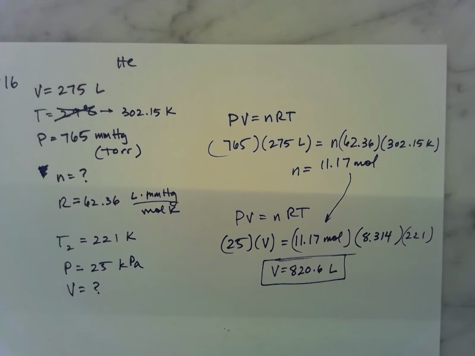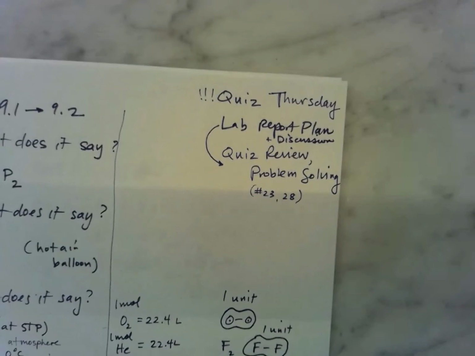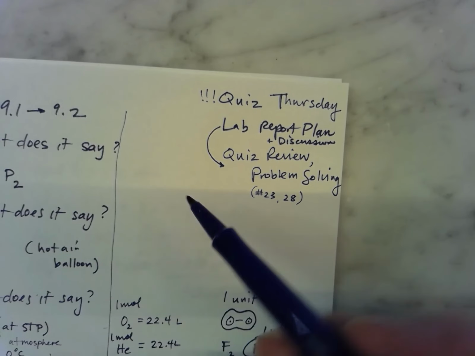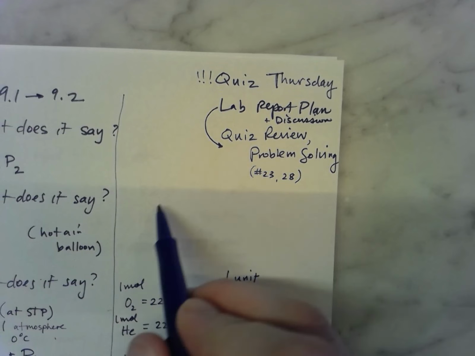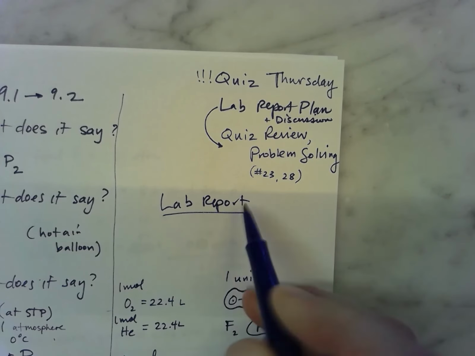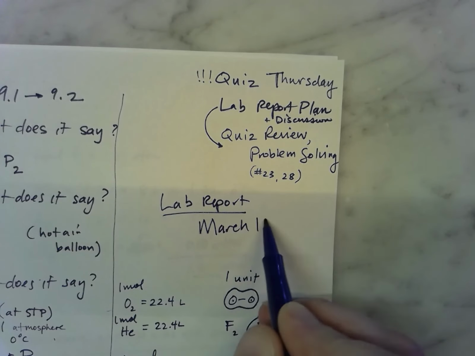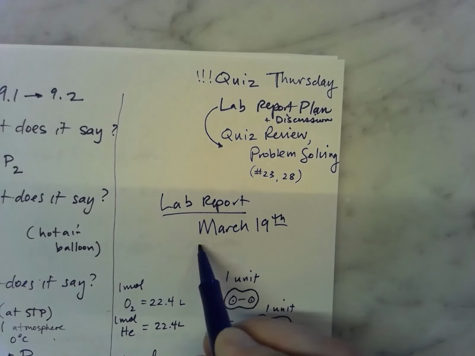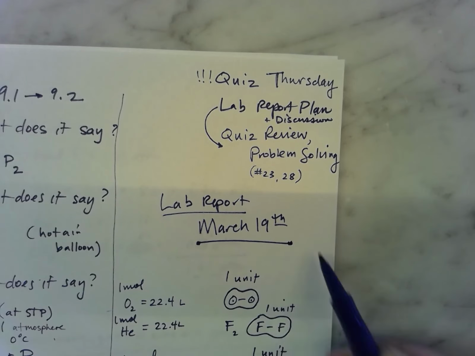Oh, very quickly. You've probably forgotten how to do lab reports, okay? Because it's been, I don't know, 3 months since we did one. All right, so that lab report, March 19th. Guys, I know you got spring break.